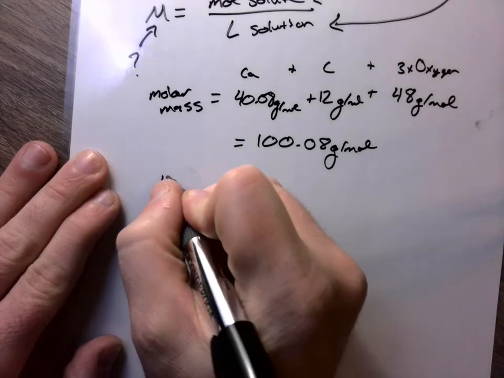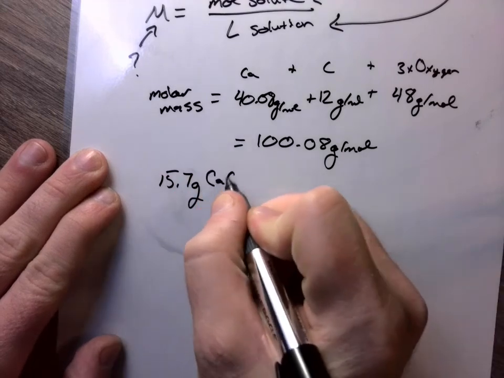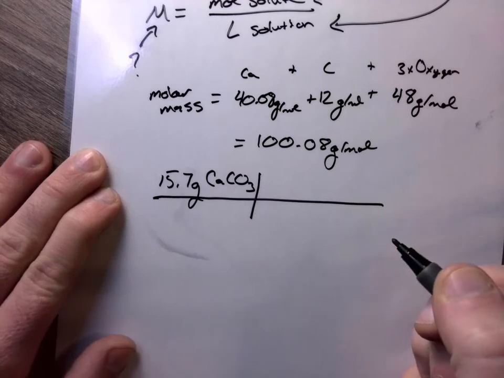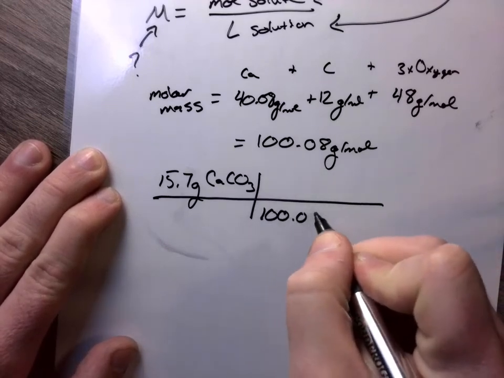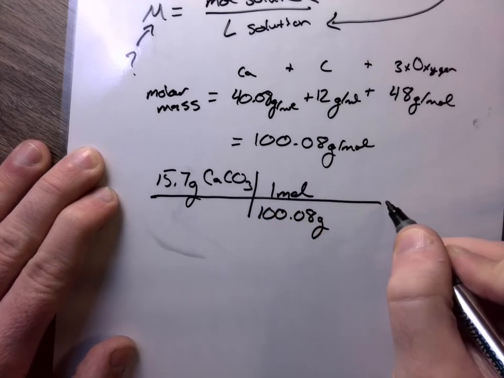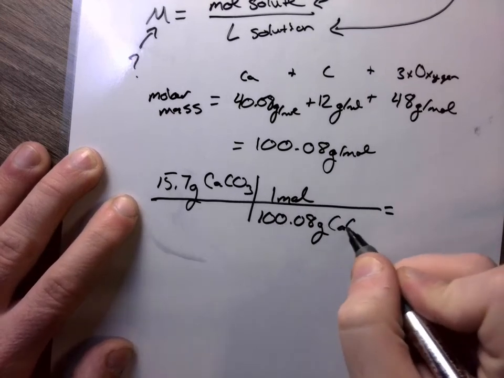Our given, 15.7 grams of CaCO3. We just calculated molar mass so that we can get out of grams and into moles. So 100.08 grams on the bottom, 1 mole on top. Set that up. That's calcium carbonate.